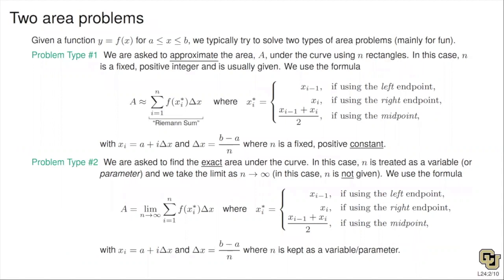Especially the thing I want to emphasize is that to find the exact area, n will be kept as a variable or a parameter, might be a more appropriate word than the word variable, but whatever. n is kept as the letter n. As opposed to if we're approximating the area, n will be a fixed constant. Like in the previous example, n was given to us as 5.